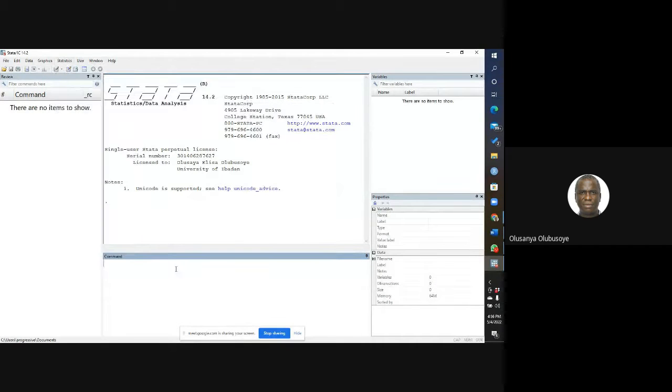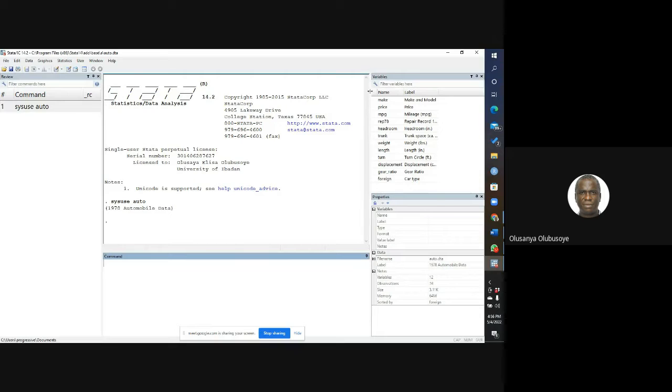But before we do that, we are going to still use our data, the auto data that we have been using. So I'm going to use the system data, which is the auto data that is inbuilt in Stata. So we have the data, and I'm sure you are still familiar with it.